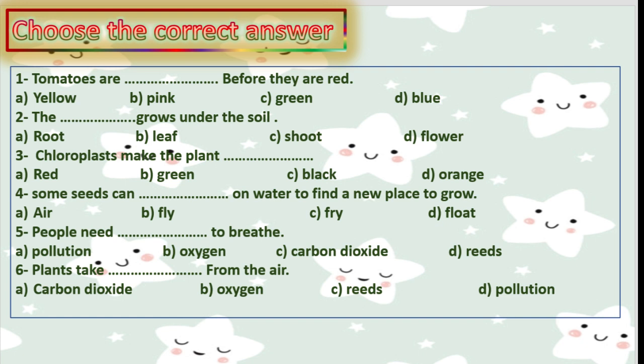Okay, so let's have some questions here. The first questions will be choose the correct answer. Number 1, tomatoes are yellow, pink, green, blue before they are red.